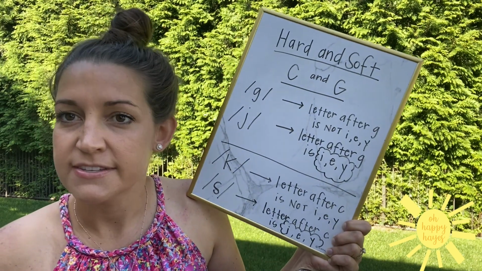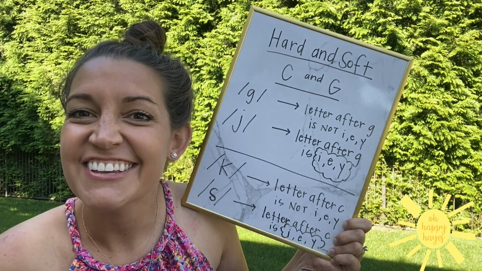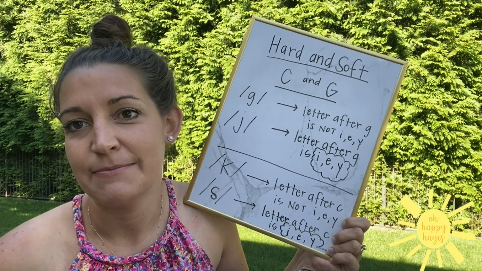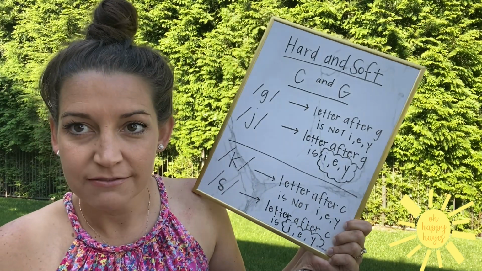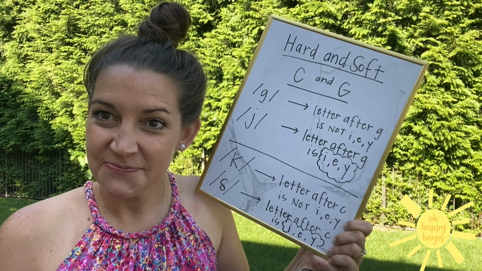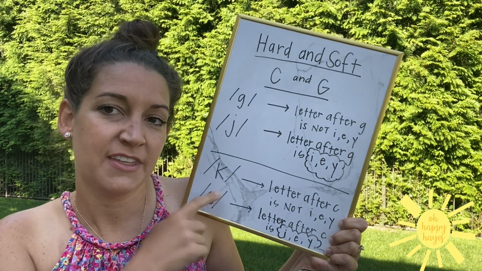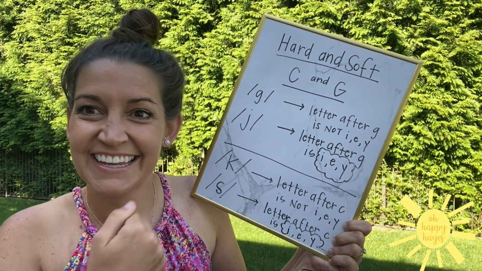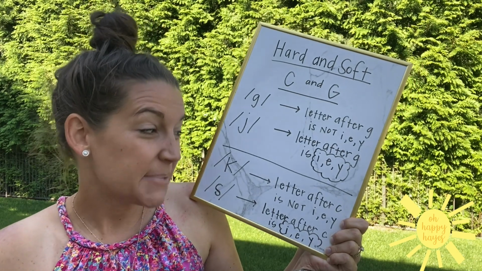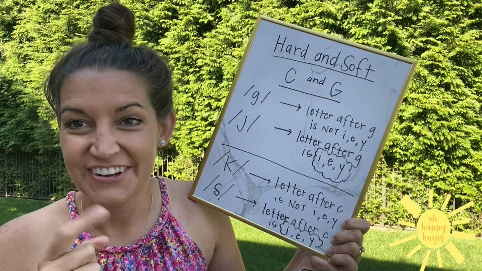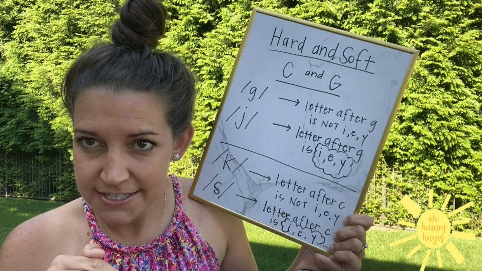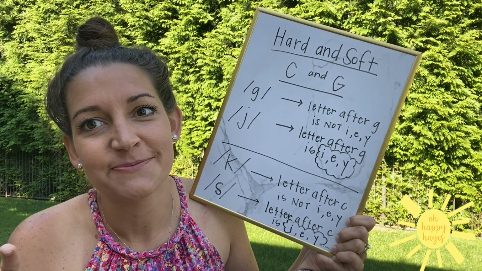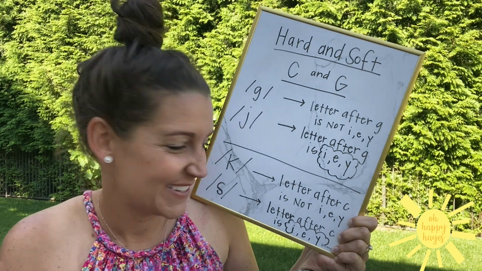Now, this is the craziest part. The C does the same thing. I know. So usually when you read, a C says K, right? Just like a K. K, cat, cake, right? But guess what? It also has a soft C. And the soft C, guess what letters? It's the same 3 letters.